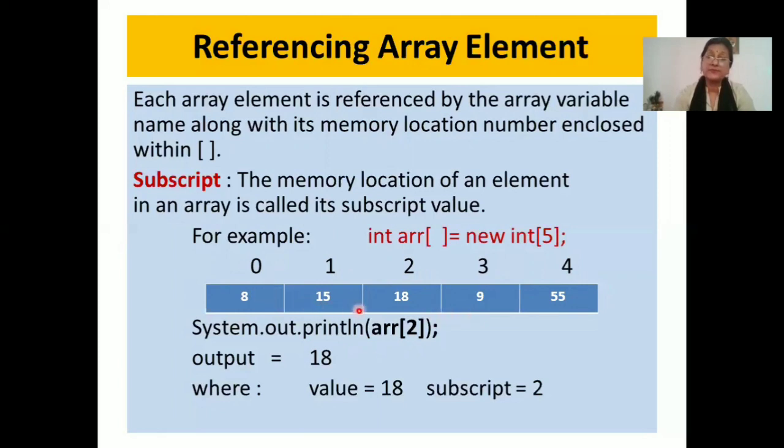And 8, 15, 18, 9 and 55. These are the values which are stored inside the array. Now I want to print the second location number value. So System.out.println(arr[2]). Output is 18. Okay, so we can say the value which is stored is 18. And what is the subscript here? Subscript is 2. That is the location number.